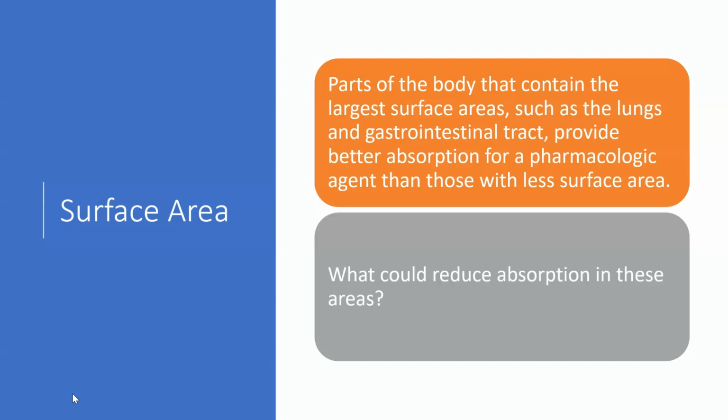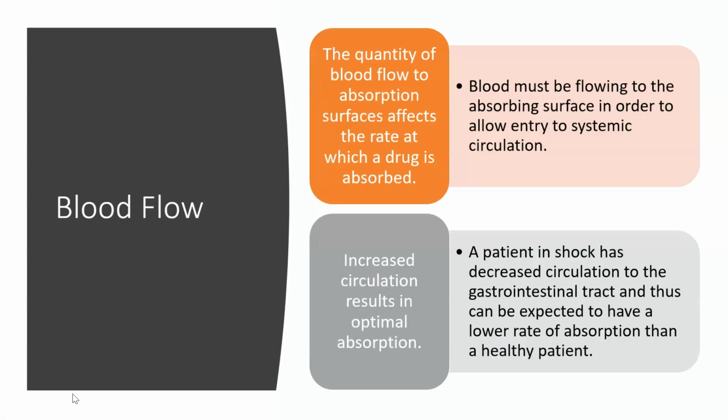So, what could reduce the absorption of these areas? One would be any kind of barrier and lack of circulation, right? So, blood flow. The quantity of blood flow to absorption surfaces affects the rate at which a drug is absorbed.